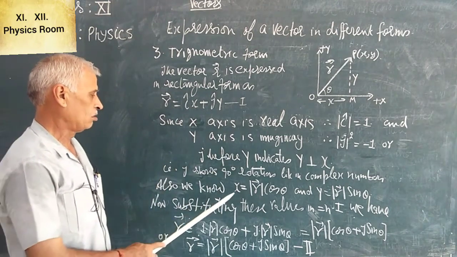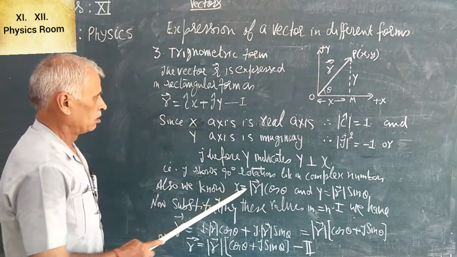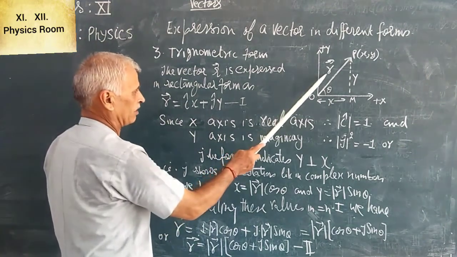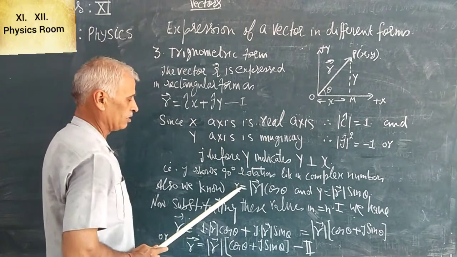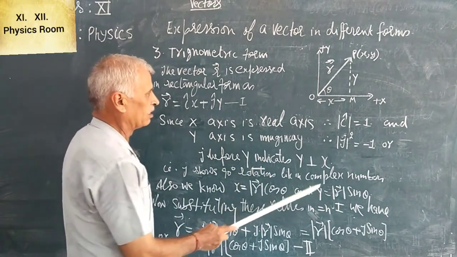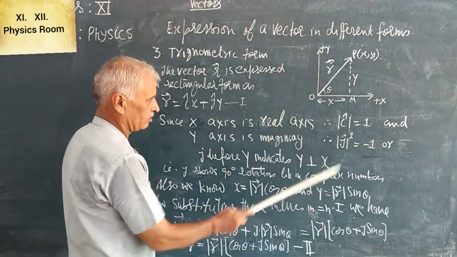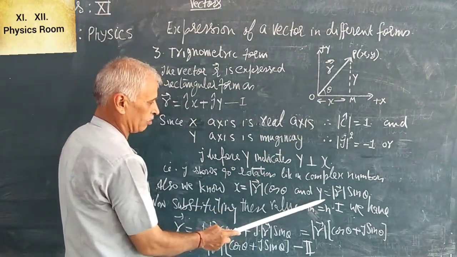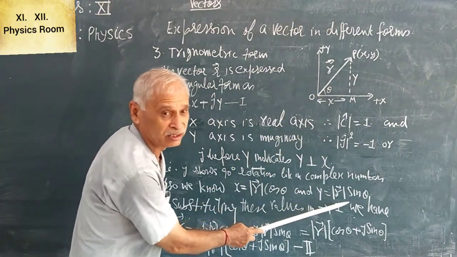Also we know the parallel component of vector r, that is x, is equal to mod r cos theta, and the perpendicular component of r, that is y, is equal to mod r sin theta.